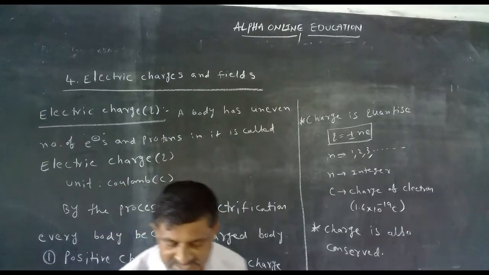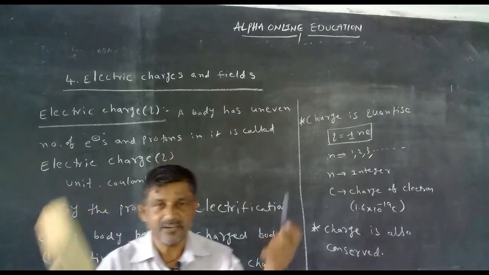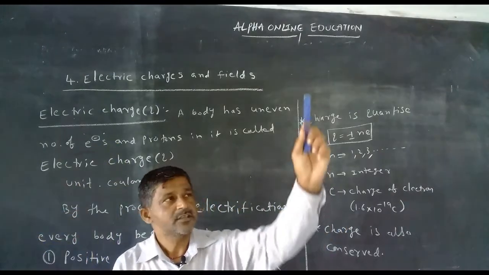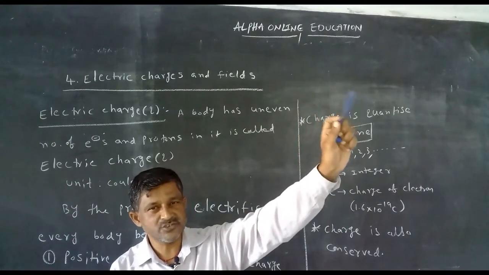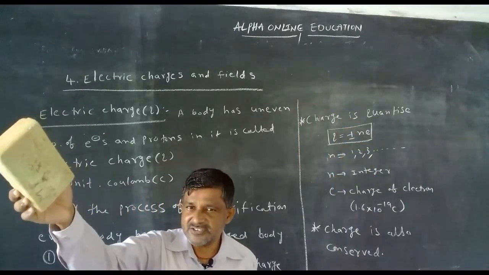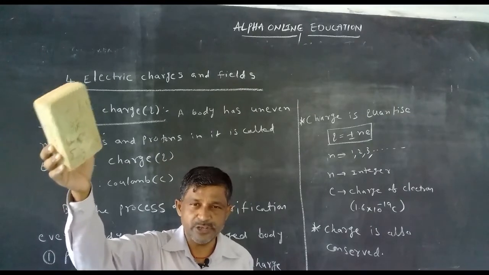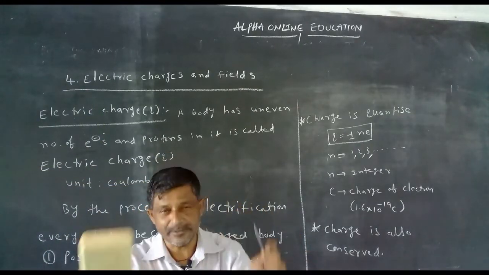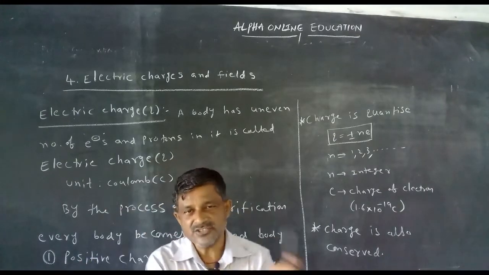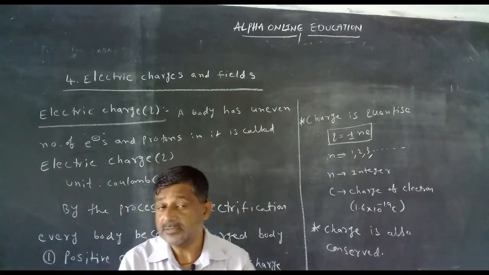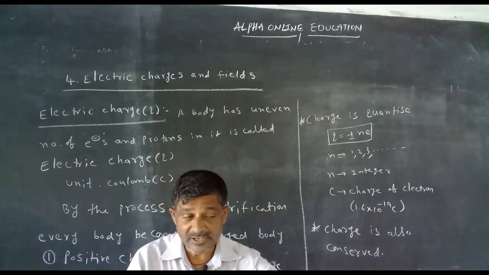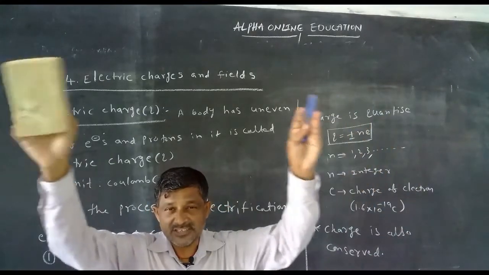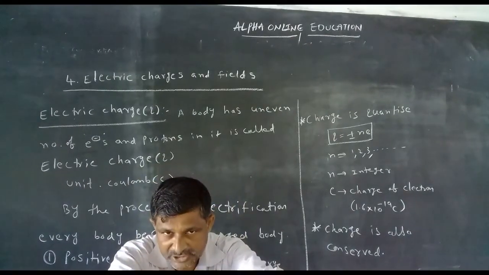Now I will show an example by taking these two objects before the electrification. One has 10 electrons and 10 protons, totally 20. The other also has 10 electrons and 10 protons, totally 20. By the process of electrification, electrons are transferred or exchanged. Before electrification, the total is 20 here and 20 here, so 40 in all.